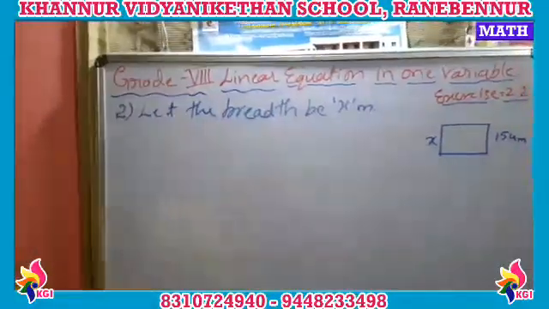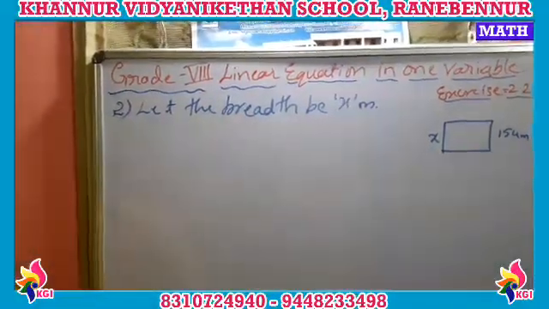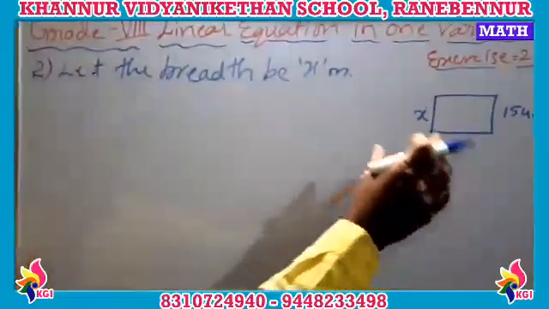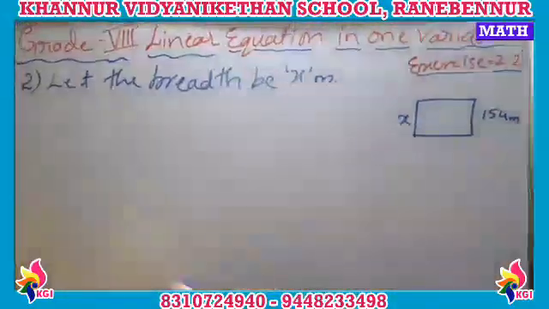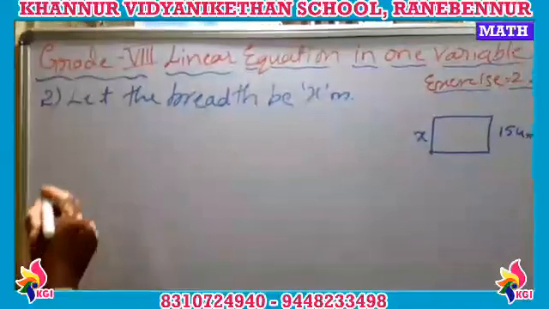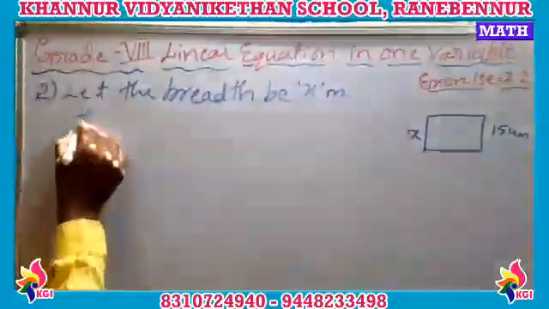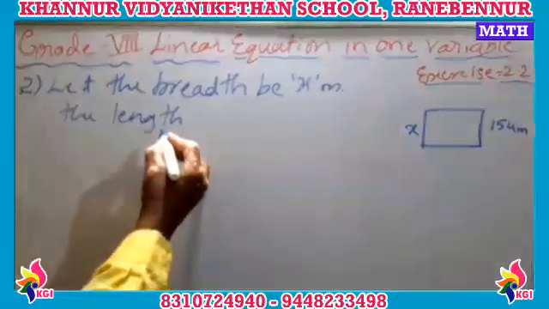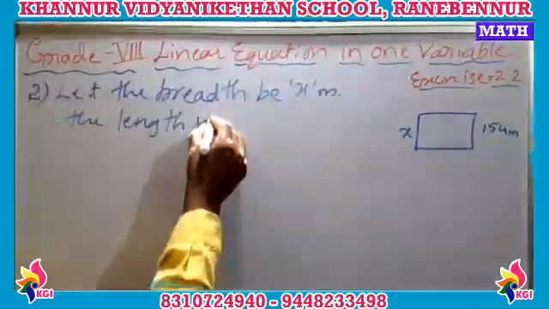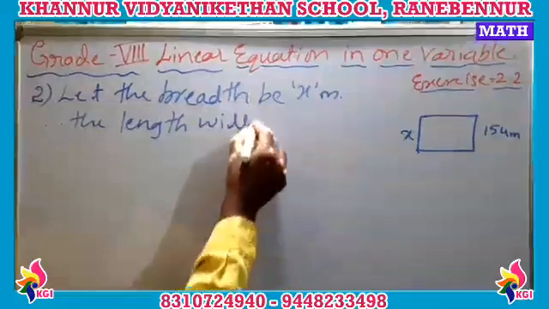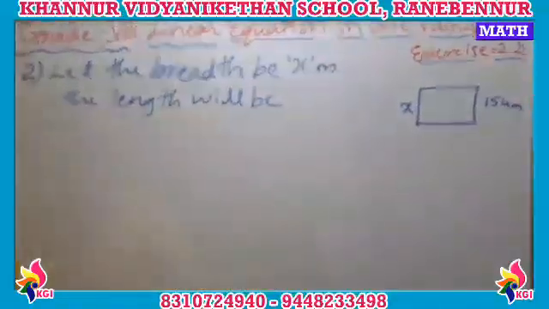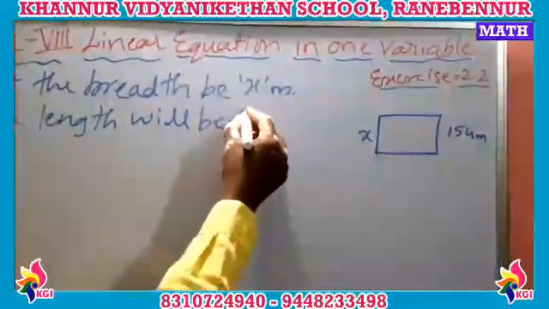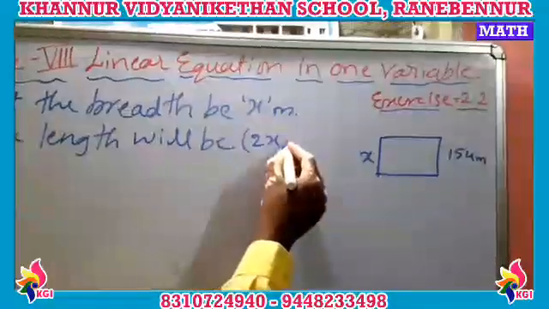Okay. So next, the length of the swimming pool is 2 more than twice the breadth, correct? So now I can write here, therefore the length of the pool will be, if you take breadth as x, 2x, twice of it, right?